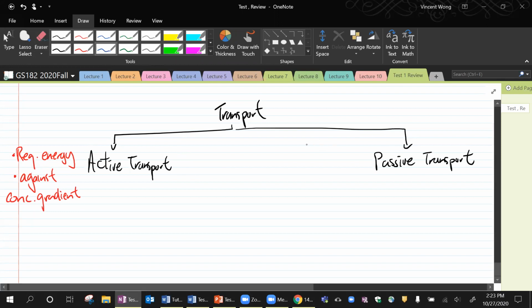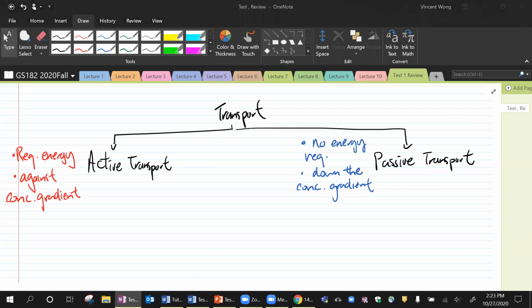Whereas passive transport requires no energy, and it's going to be down the concentration gradient. Those are the big differences between active and passive transport.